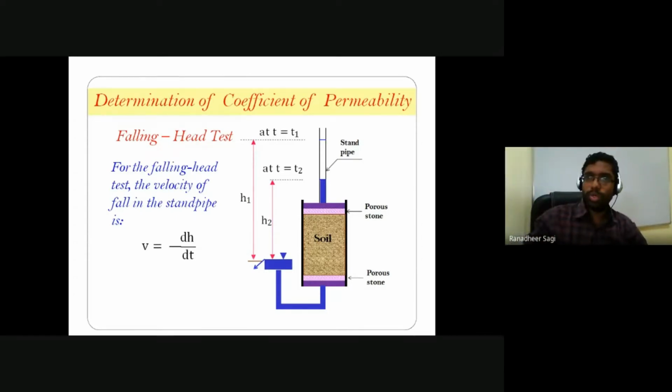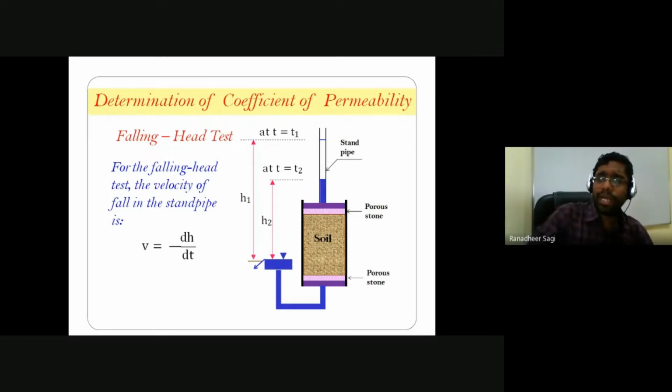Okay, so ultimately what I am trying to measure is, over an increment of time t1 to t2, how is your head level? Let's say initially the total head difference between upstream and downstream is h1 at time t equal to t1. At time t equal to t2, the total head difference between upstream and downstream, because now the upstream becomes here after time t2, as the water level is dropping down till here, is what I am writing as h2.